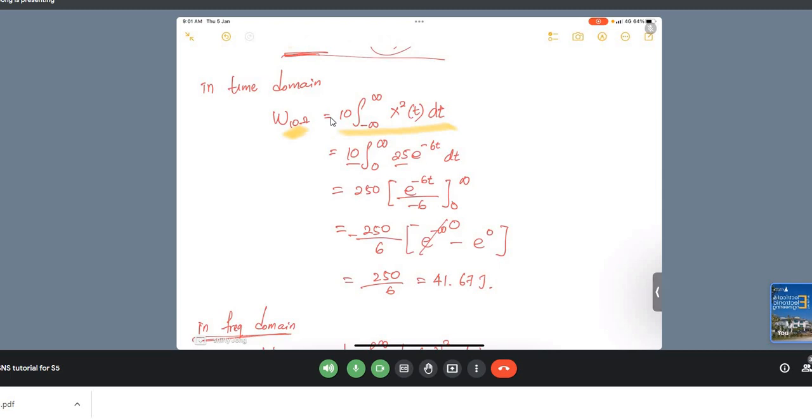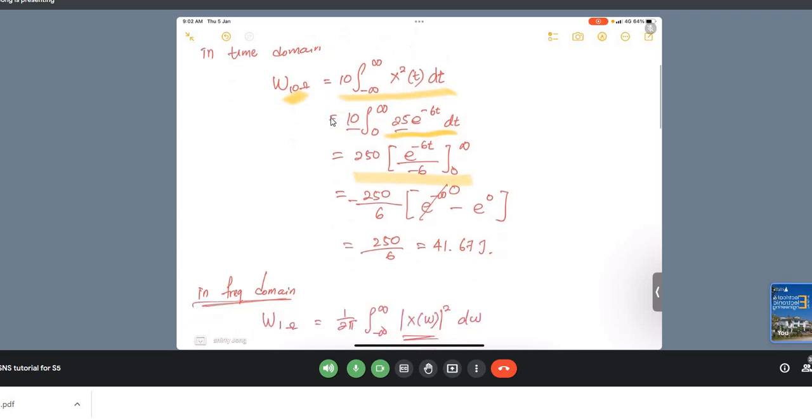And then x square is referred to the 5 exponent power of negative 3t. When you square it, you get 5 times 5, you get 25, exponent power of negative 6t, because negative 3t times 2, you get negative 6t. And after that, you perform the integration, you get here.